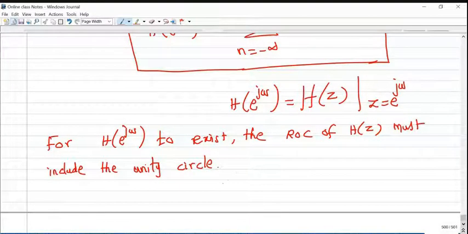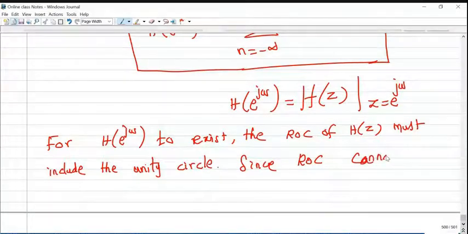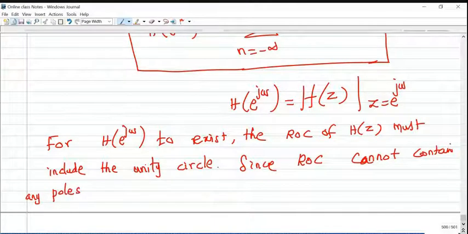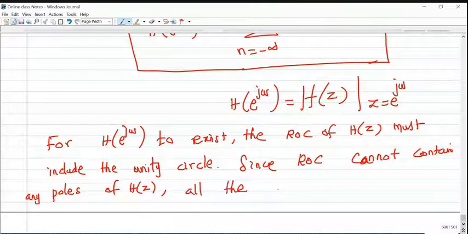Otherwise, since the region of convergence cannot contain any poles of X(z), all the poles must lie inside the unit circle.